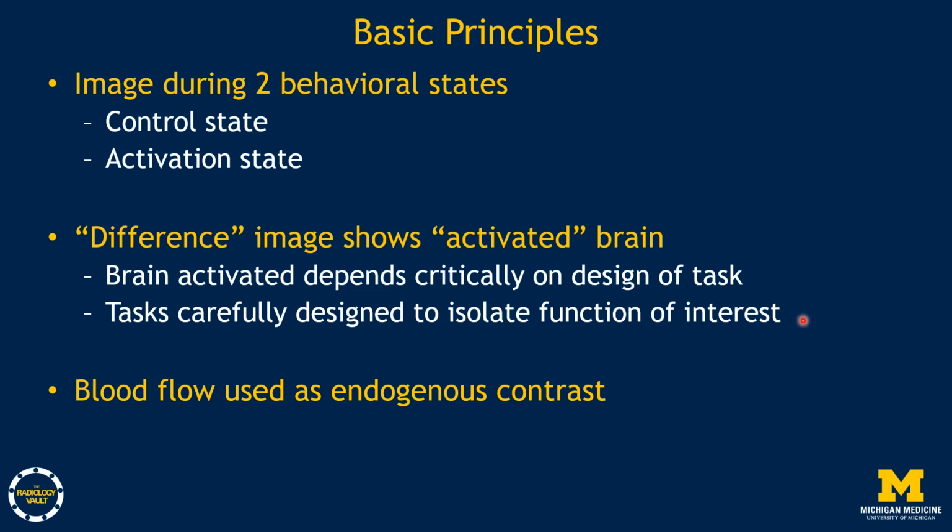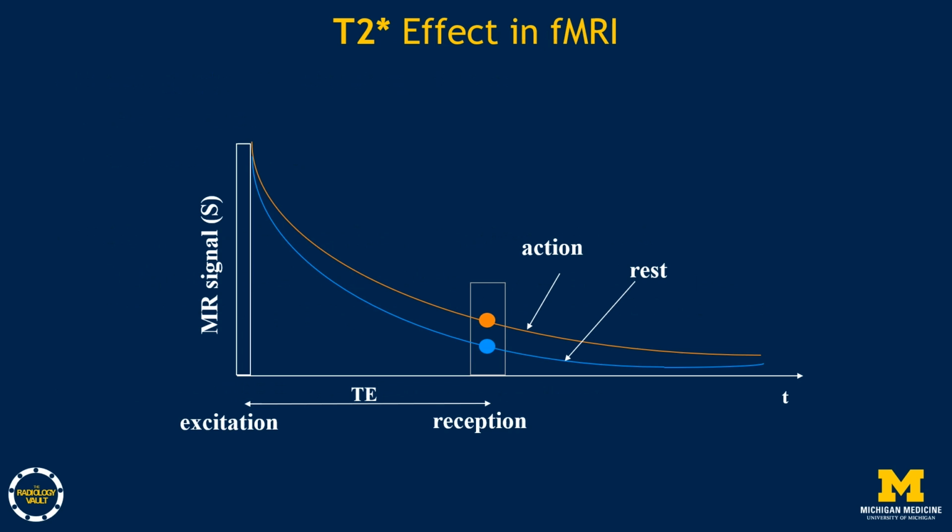For a motor task, let's say you are tapping the finger, and the part of the brain responsible for the function of the hand, known as the hand homunculus, will be activated. And then with the boxcar design, let me go back. With the boxcar design, the rest stage and the activation stage will have different magnetic signatures.